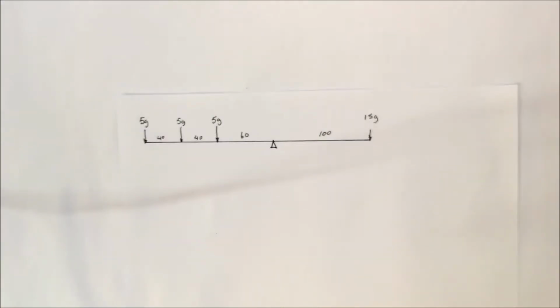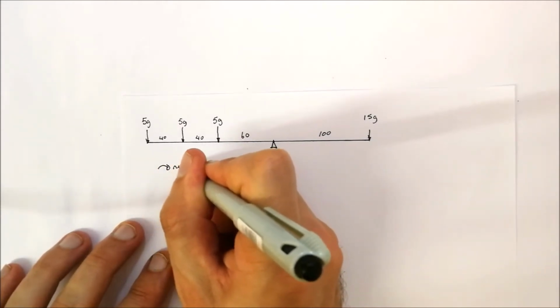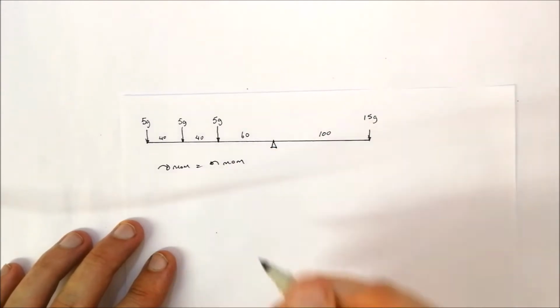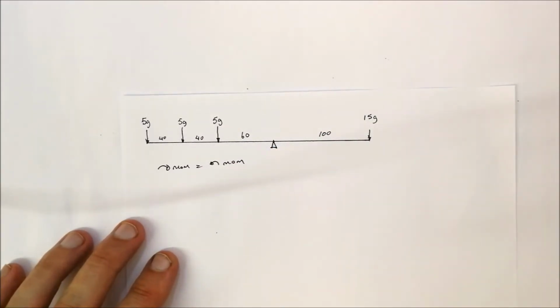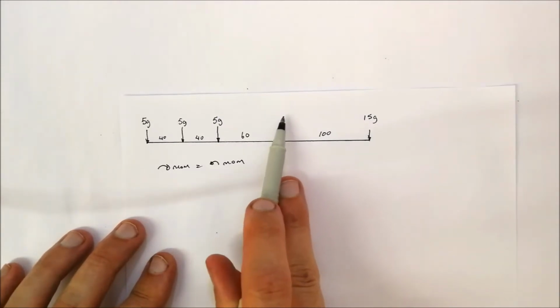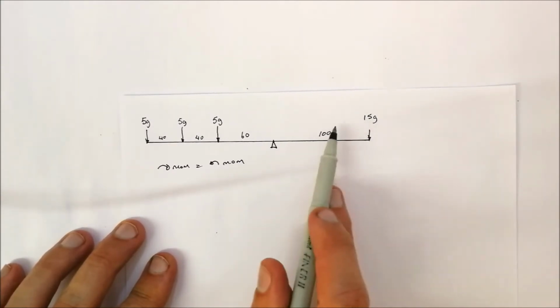Again we're going to say clockwise moments is equal to anti-clockwise moments. We're going to place our pin over here and use it as a pivot point. Going in a clockwise direction, this 15 grams is going clockwise.